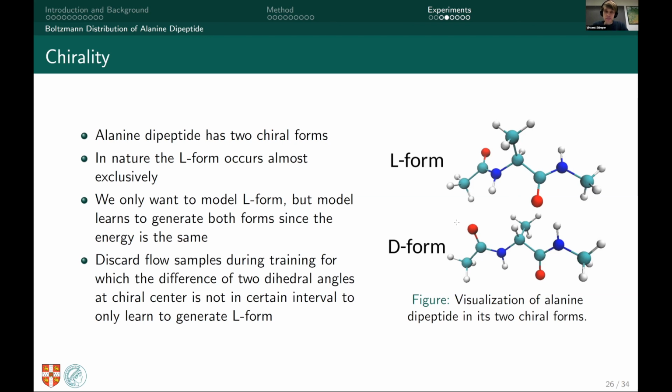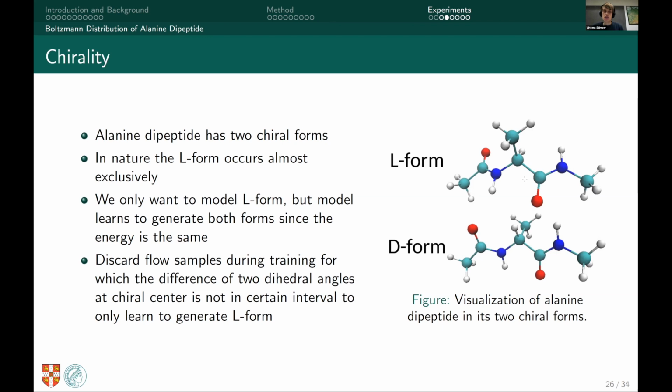And of course, the energy of those two configurations, except for some very small possible deviations, is exactly the same. So if you would blindly train a model which starts from random configurations, it would learn to generate molecules which satisfy either of those two chiral forms.